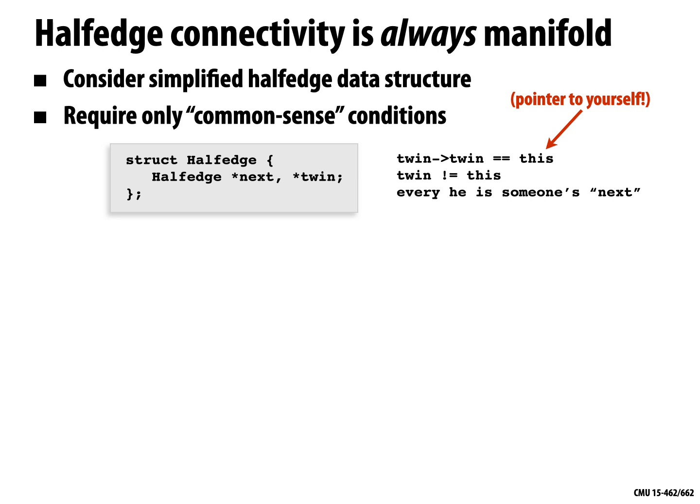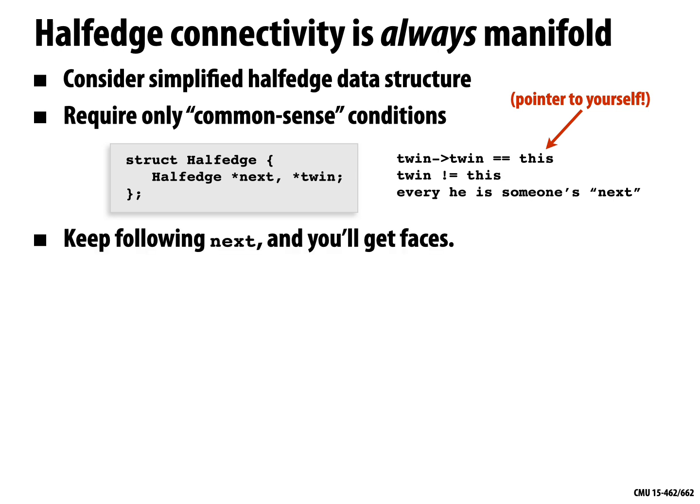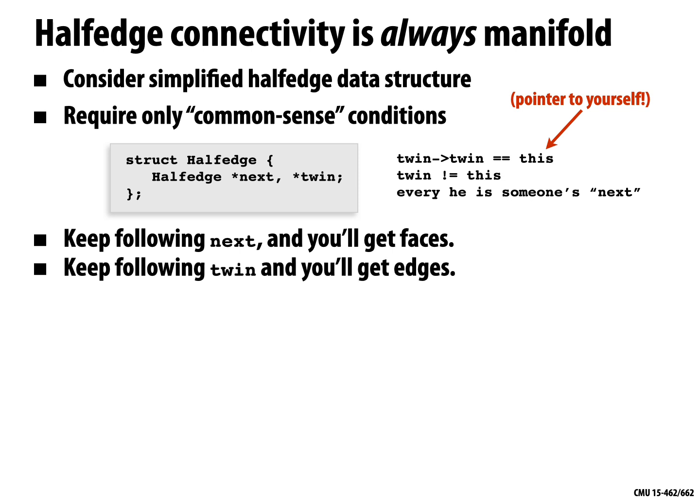How do I convince you that? Well, let's just do it. So what I can do is I can start with any half edge, and if I keep following next, I will eventually get back to where I started, right? And those loops that I make are going to define the polygons in my mesh. Similarly, if I start with a half edge, I can keep following twin.